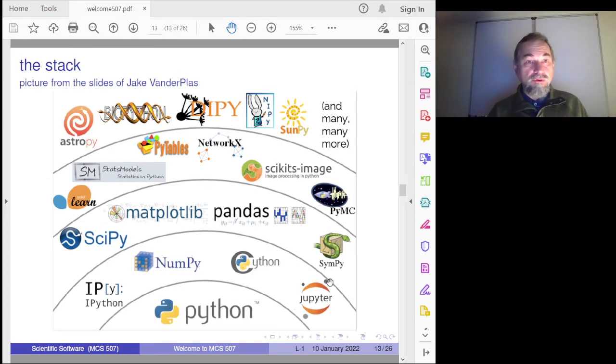So what we will do in this course, you could also say that what we do in this course is actually explore this stack, starting from Python, NumPy, SciPy, SymPy, Matplotlib. We go into Pandas, scikit-learn, scikit-image, and then something about PyTables, NetworkX, etc. Depending on where your interests then are going, there are many specific packages in science and mathematics which are not listed here. So this is in some sense also a dated picture.